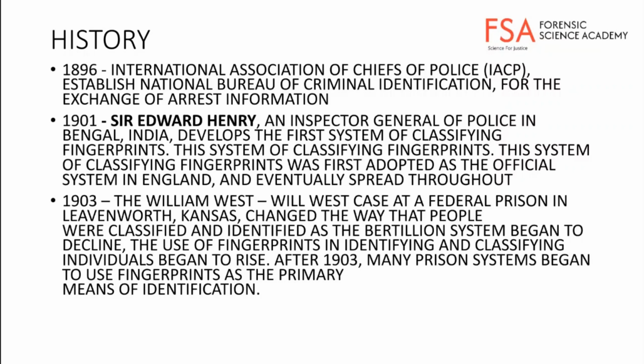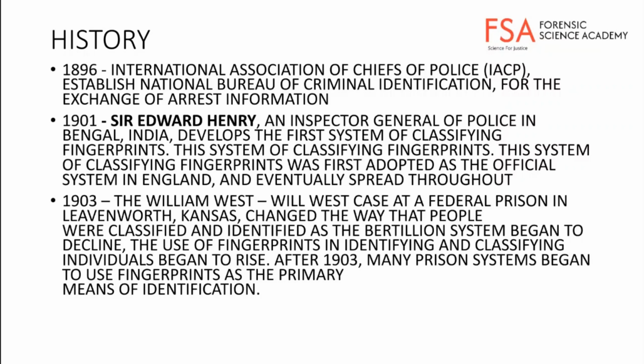Coming to 1901, Sir Edward Henry, an Inspector General of Police in Bengal, developed the first system of classifying fingerprints. This system of classifying fingerprints was then adopted as the official system in England and eventually spread throughout the world.